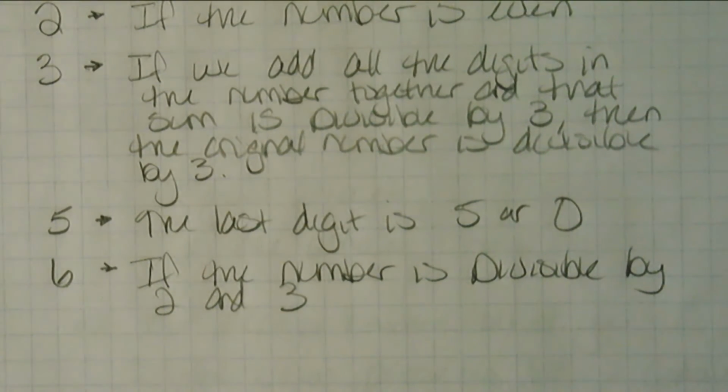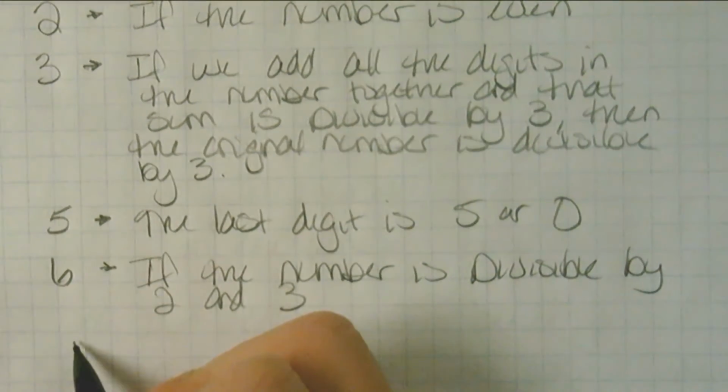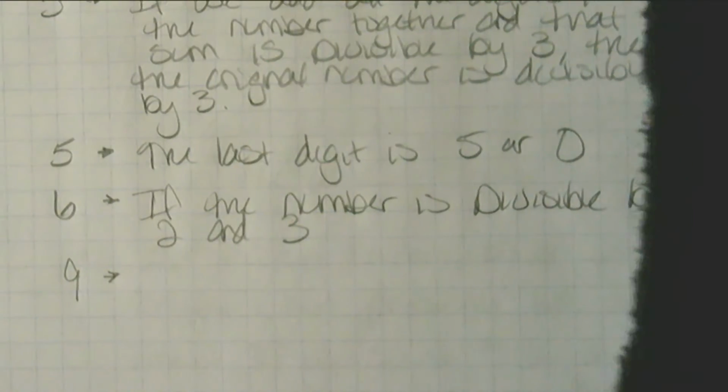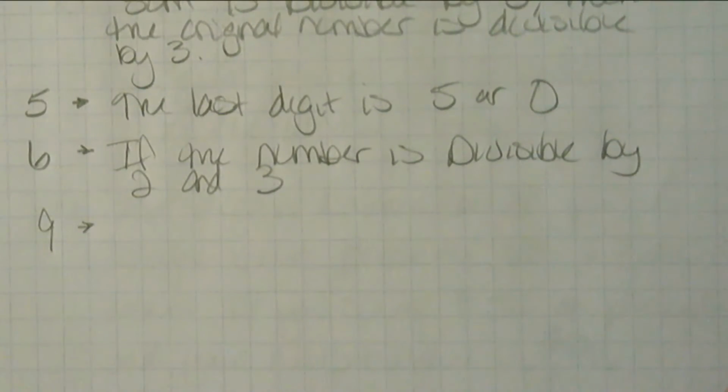4 and 8 are similar. They're harder to remember. I don't always remind you of them. All right. Like I said, the most common ones is what I want to go through. So 9. If a number is divisible by 9, it's also divisible by 3. So if you don't remember 9, that's okay. But 9 is very similar to 3. Somebody explain 3's divisibility rule to me.